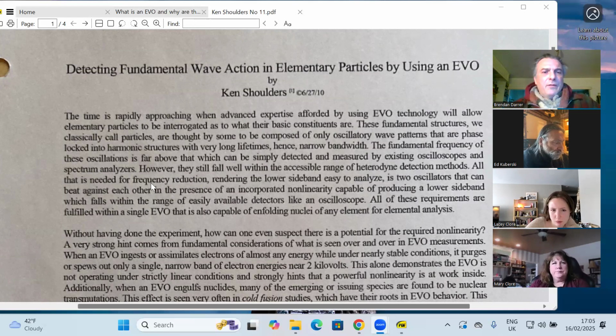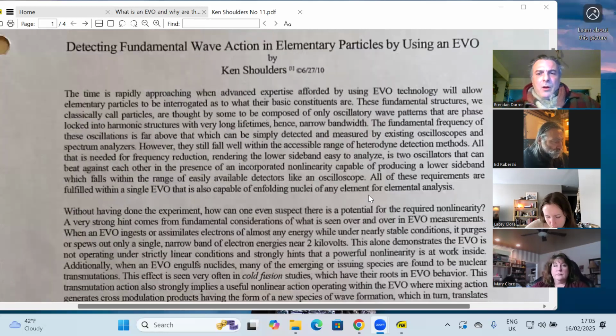All that is needed for frequency reduction, rendering the lower sideband easy to analyze, is two oscillators that can beat against each other in the presence of an incorporated non-linearity capable of producing a lower sideband which falls within the range of easily available detectors like an oscilloscope. All of these requirements are fulfilled within a single EVO that is also capable of enfolding nuclei of any element for elemental analysis.